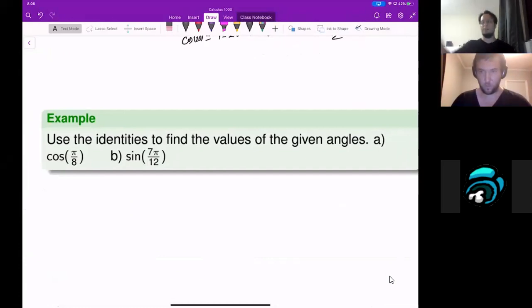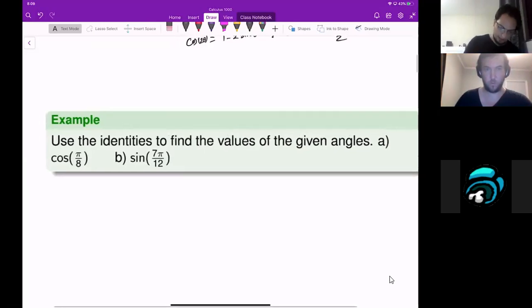I know how to place it on the coordinate system, but pi over 8 is not one of the special angles. And if you place it on the coordinate system, you won't be able to find a good relation between those and special angles.